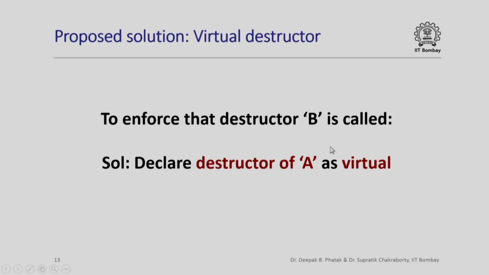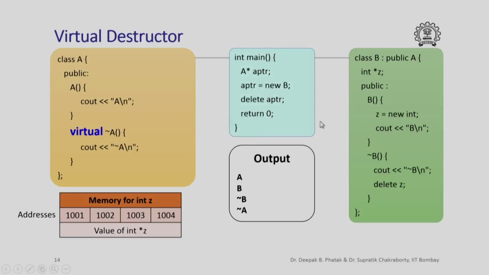Just like that, we could declare the destructor of A also as virtual, and in this case if the context in which the delete statement was being executed was the context of an object of class B, then the destructor of class B is going to get called. So the destructor of class A can be declared as virtual, and now I have the same program, and let us see what happens now.